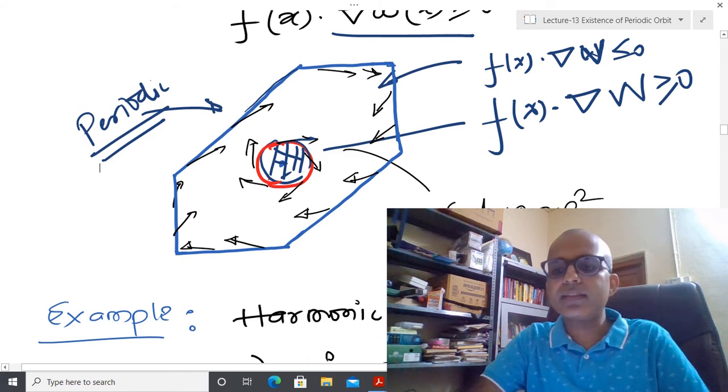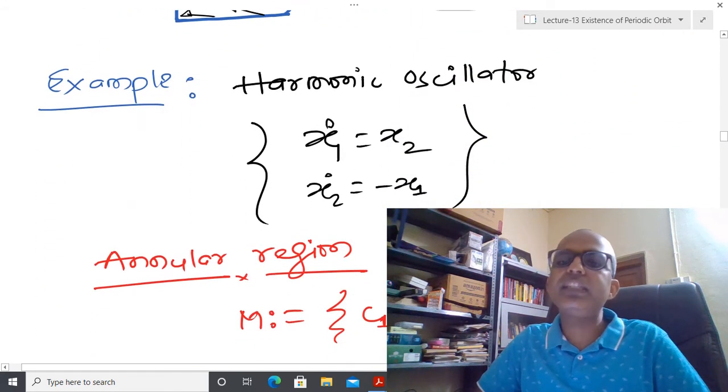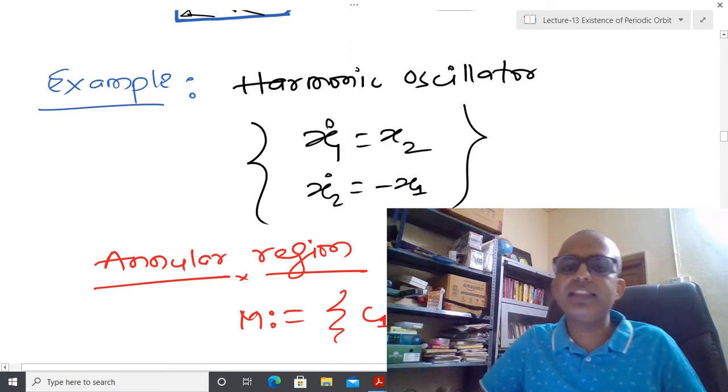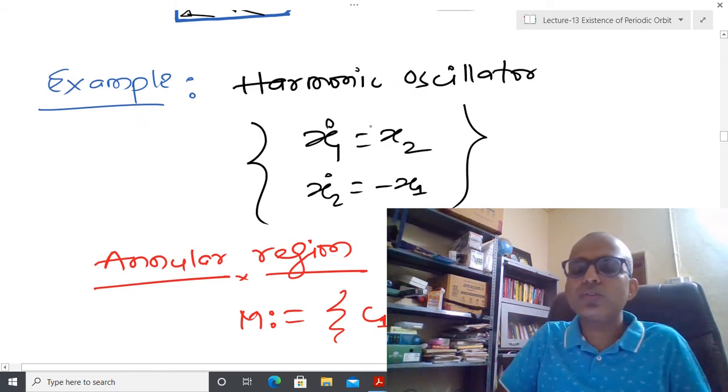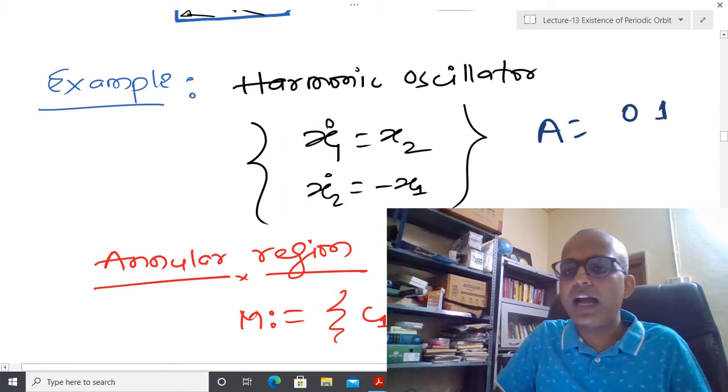Now let us check the statement of the lemma with the help of an example, and this example we have already seen. Could someone please tell me, if I have this kind of system, and here you can check the eigenvalues, -1 and 0.